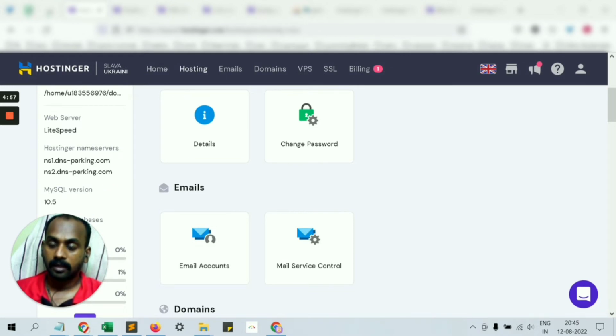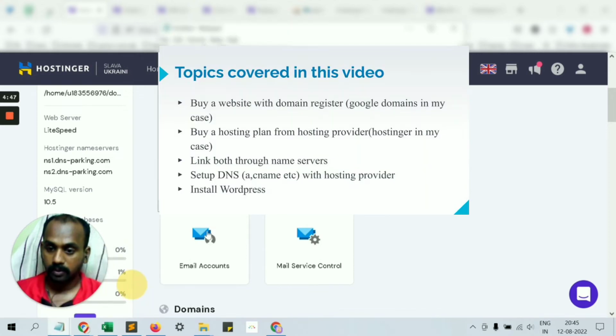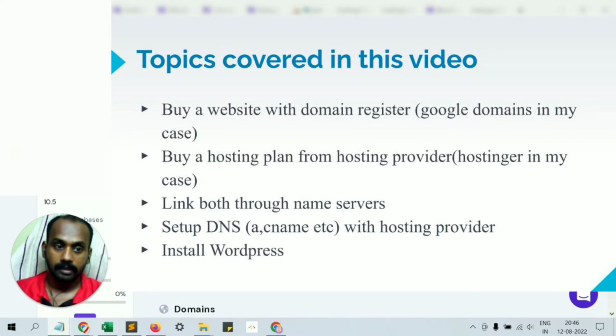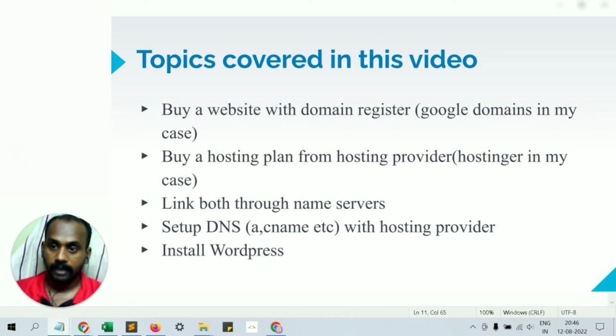The name servers to make entries in the hosting provider can be copied from the left side panel here, from the hosting tab. And we have covered three topics, almost four topics.